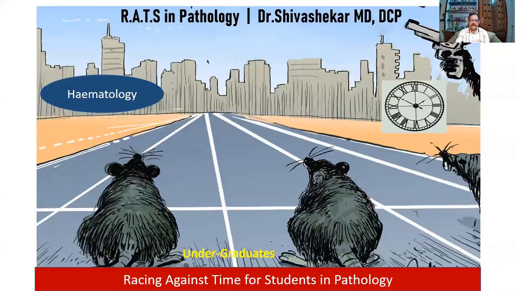Dear students, welcome to R.A.T.S in Pathology, and we shall be continuing with our war on hematology. In the last class, I had given you an introduction to bleeding disorders, and in today's class, we shall be continuing with that.